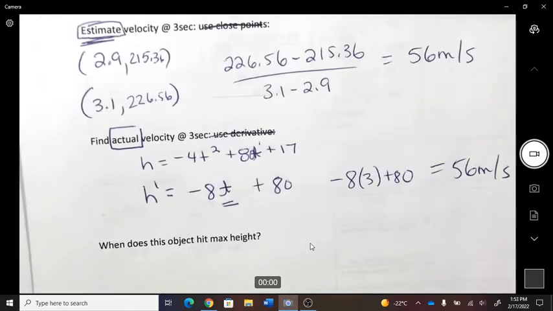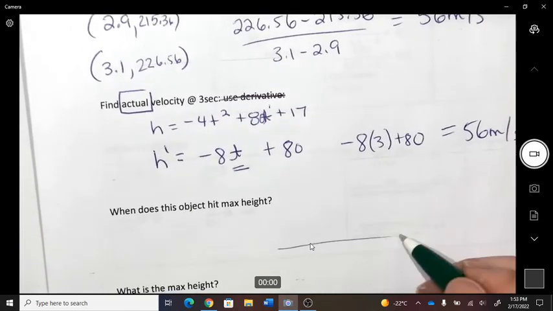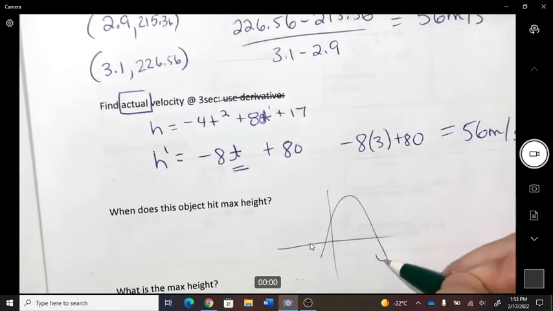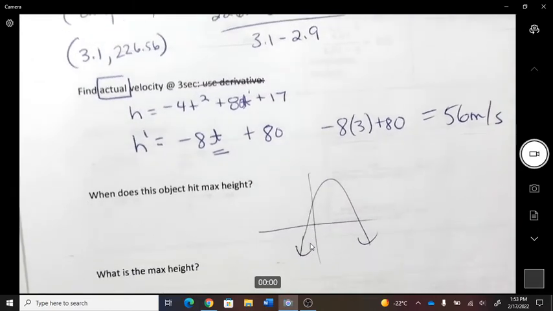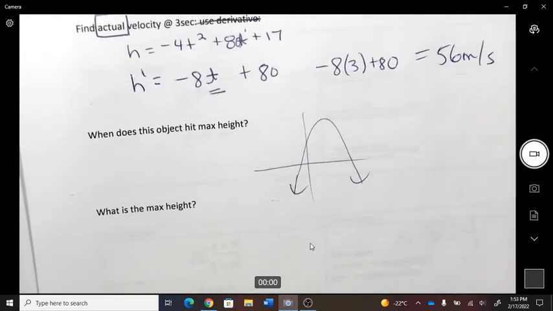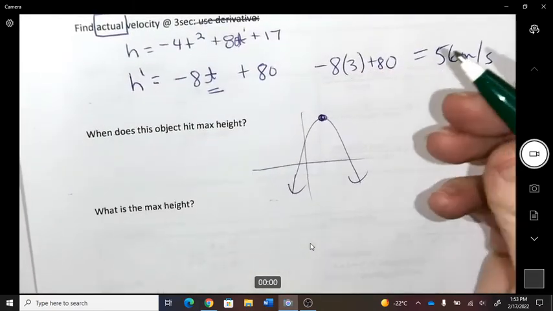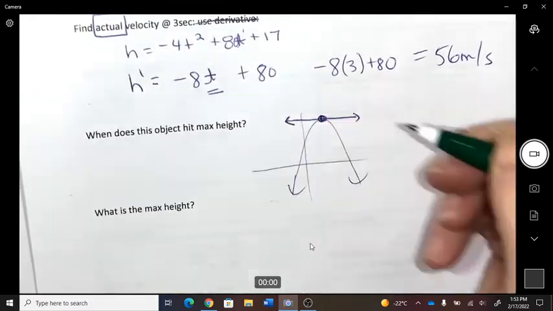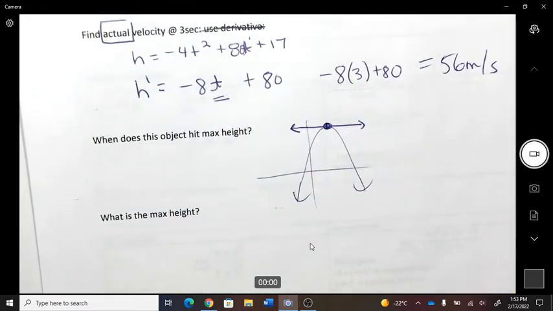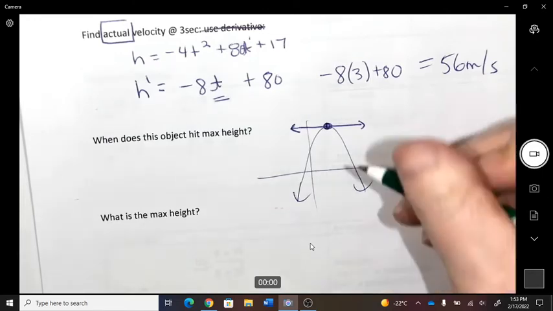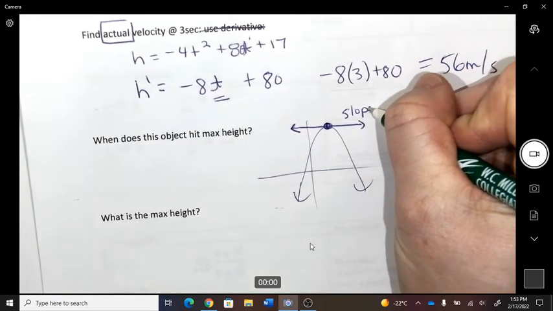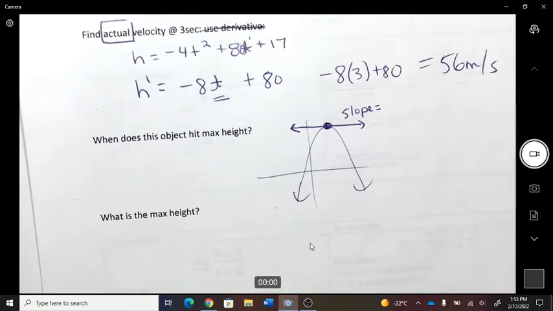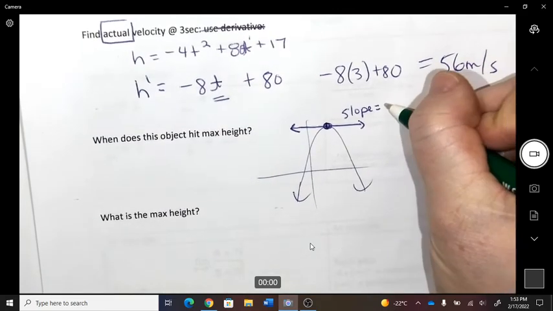Okay, when does this object hit the max height? So I do know that this is a parabola, and this is the max. So here's what I know. If I was to ever draw a tangent line there, I actually know the slope of that tangent line is going to be 0.